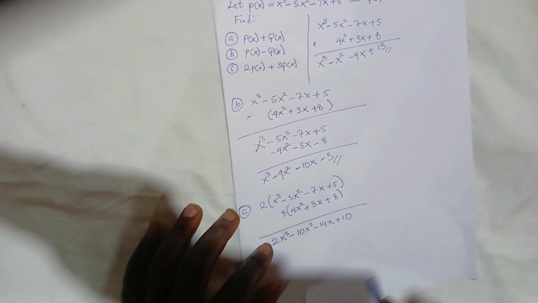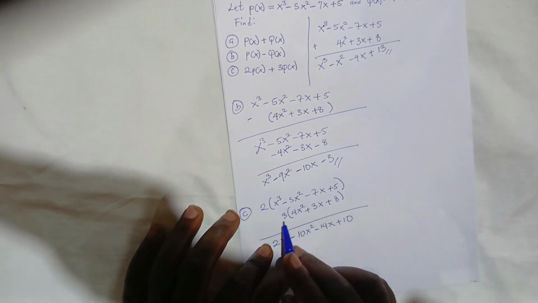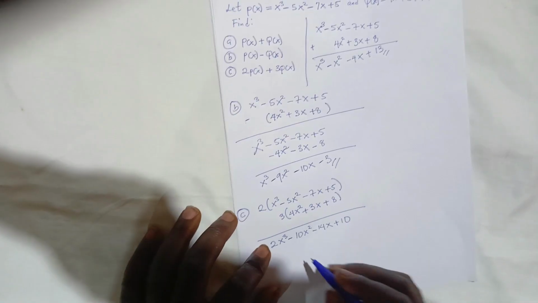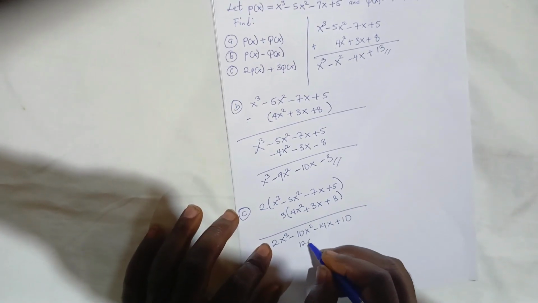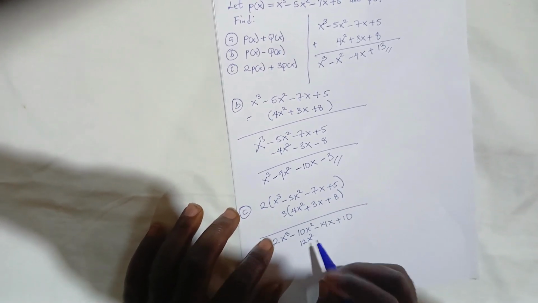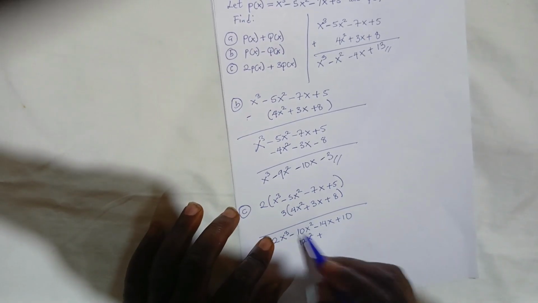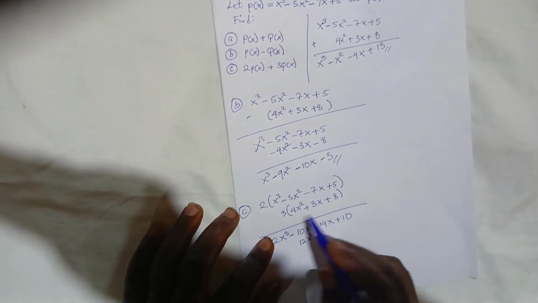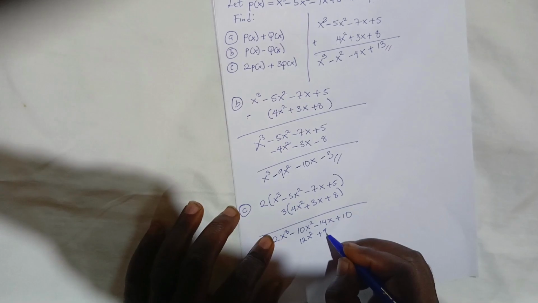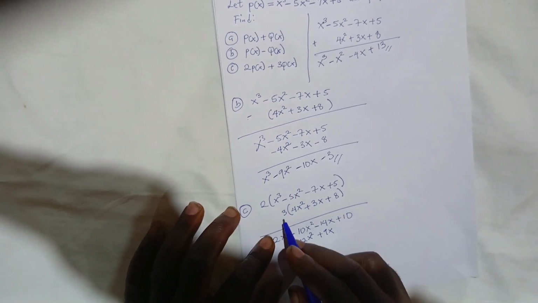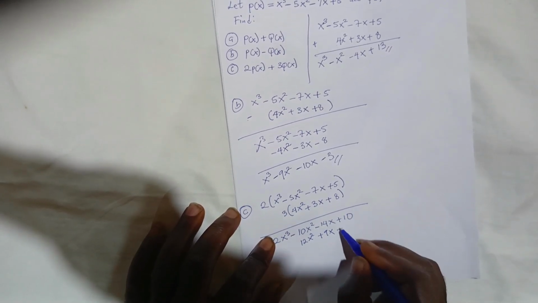Here we're going to apply the same rules. 3 times 4 will give us 12x squared, plus 3 times 3 is 9x. 3 times 8 is 24.